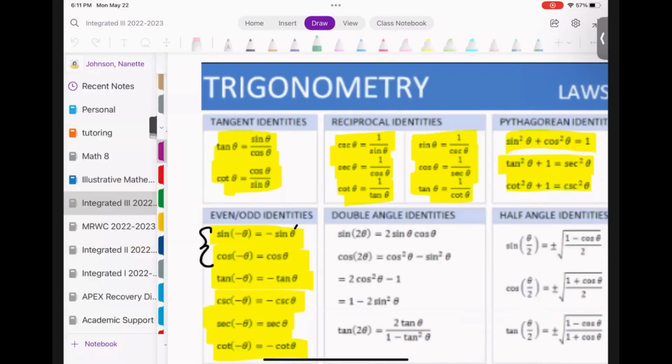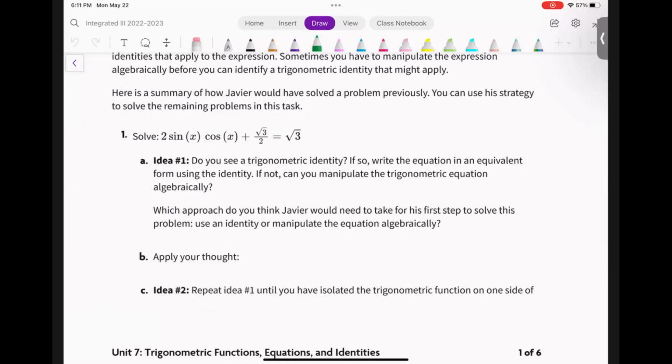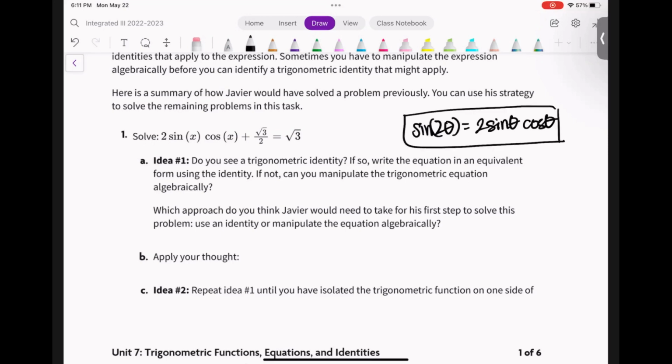So I'm going to write that down, so when I need it, I'm going to use it. So I'm going to write down this identity: sine of 2 theta equals 2 sine cosine. Okay. And so this is an identity that we are going to use.